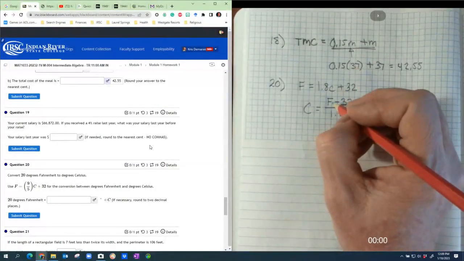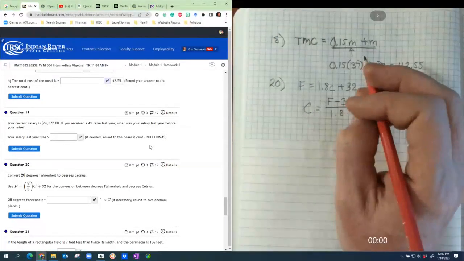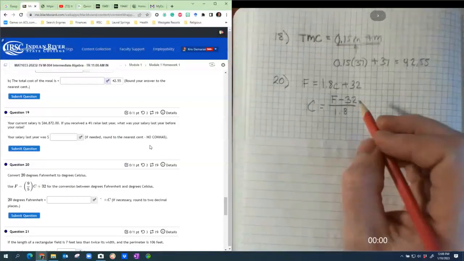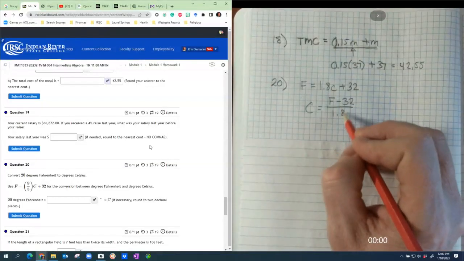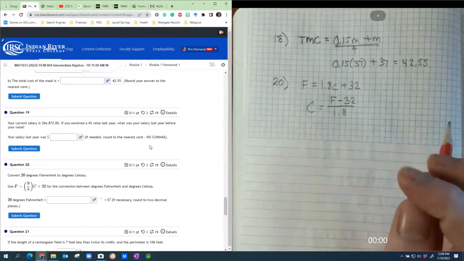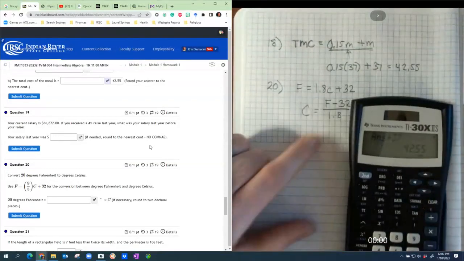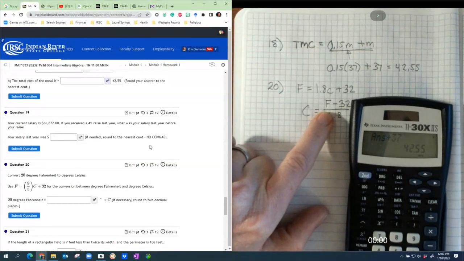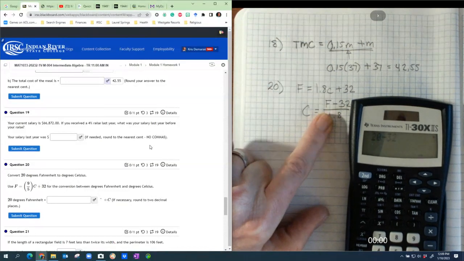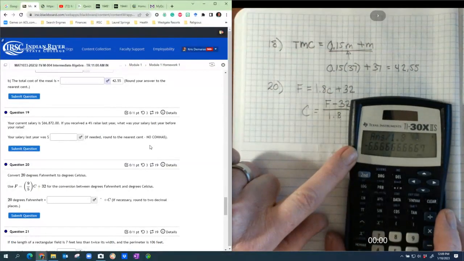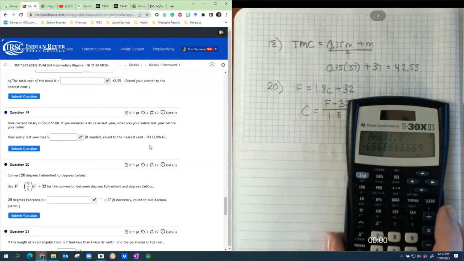Now, if we need to convert 20 degrees Fahrenheit to Celsius, we're going to need to utilize this particular equation. So we're going to take the value of Fahrenheit, which is 20 degrees, and minus 32 from it, and then divide that by 1.8 and get negative 6.6 degrees Celsius.